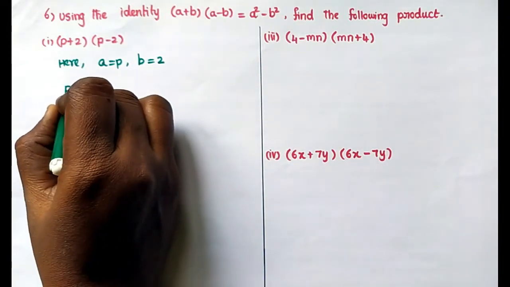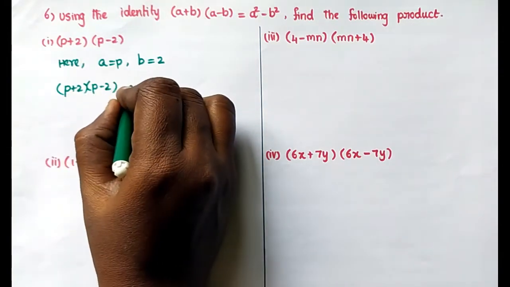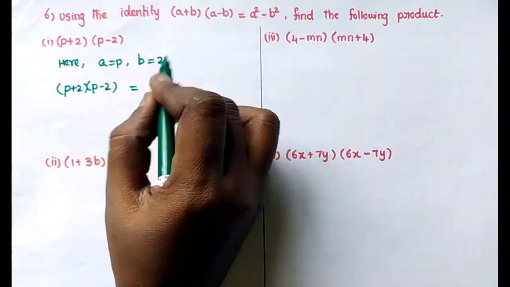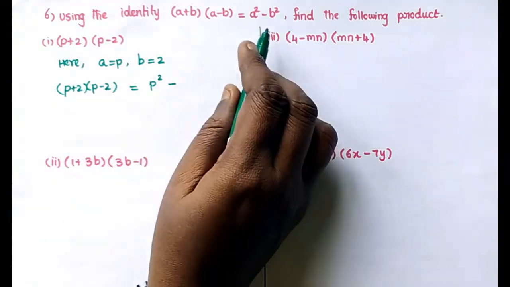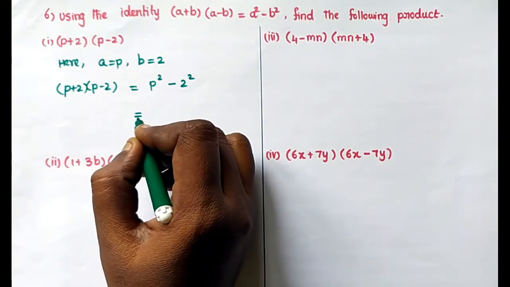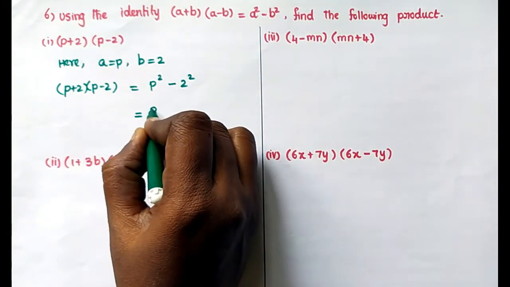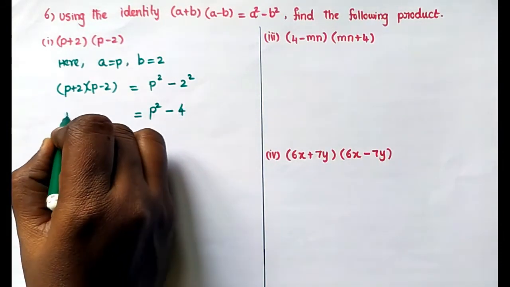Now (p + 2)(p - 2) is equal to a squared, that is p squared, minus b squared, that is 2 squared. So p squared minus 2 squared means 4. That is the answer.